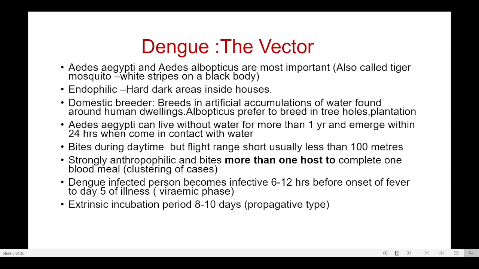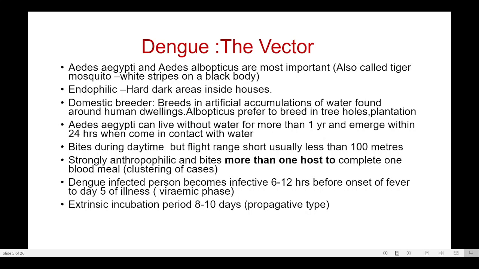They are domestic breeders. In peri-domestic regions, they breed in any artificial accumulation of water around human dwellings, such as broken pots, broken buckets, flower vases, overhead tanks, and tires.